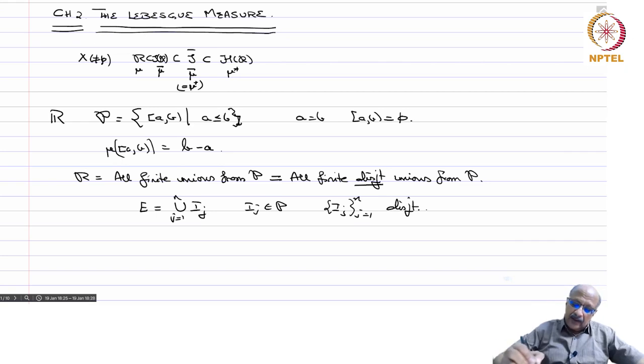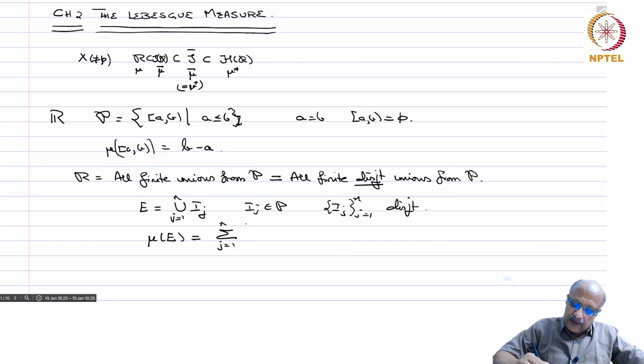Okay, so then it is almost obvious, because a measure has to be additive, in particular countably additive, and in particular additive. Therefore mu of E, we are more or less forced to this definition, the sum over j equals 1 to n of mu of Ij.